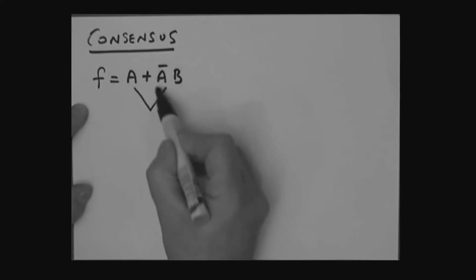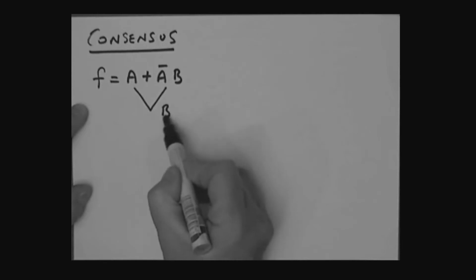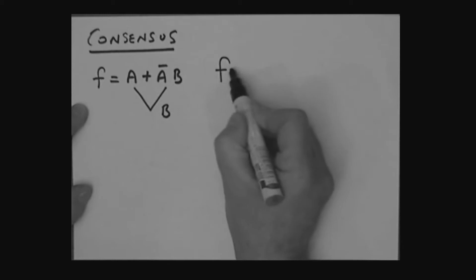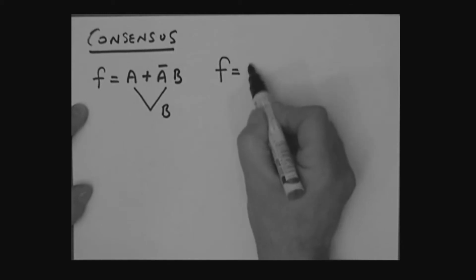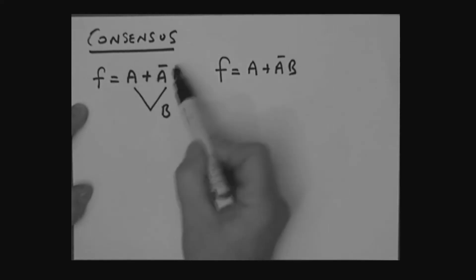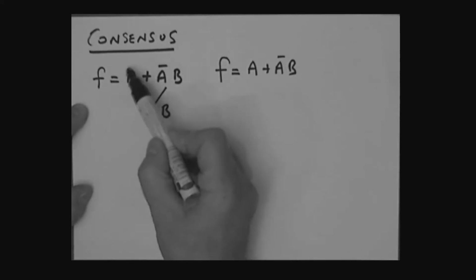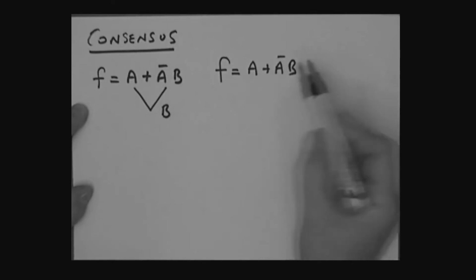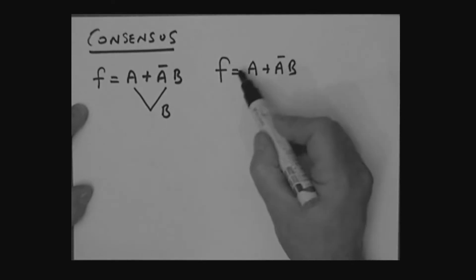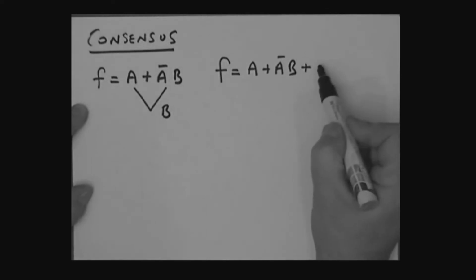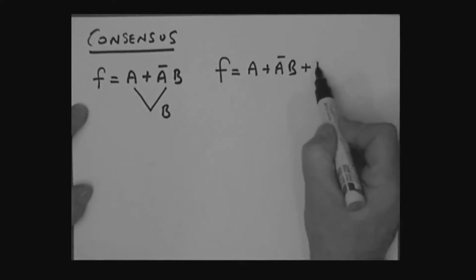I've got A and A bar, so the optional product term is simply B. So I could rewrite that function as f is equal to A or A bar B, those are the two original terms, often called the parent products. That's one parent product, that's another parent product, and this is the optional product. It's optional, so I can simply add it to the Boolean equation. It doesn't change the value of that Boolean equation, and so I'll just add it.